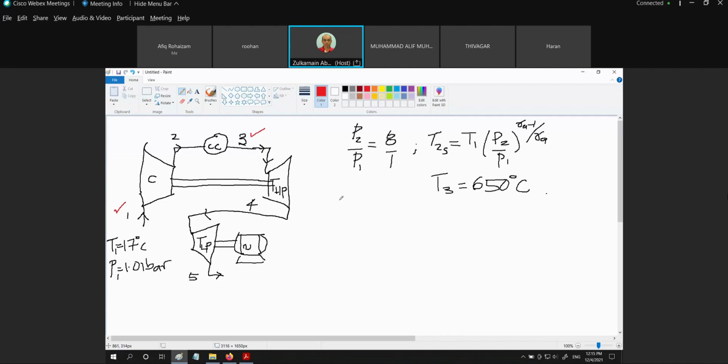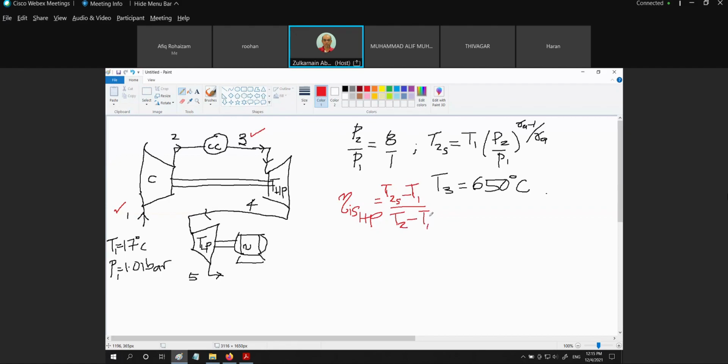And then how do we solve the T2? We use the isentropic efficiency of the high pressure turbine, which is equal to T2S minus T1 divided by T2 minus T1.